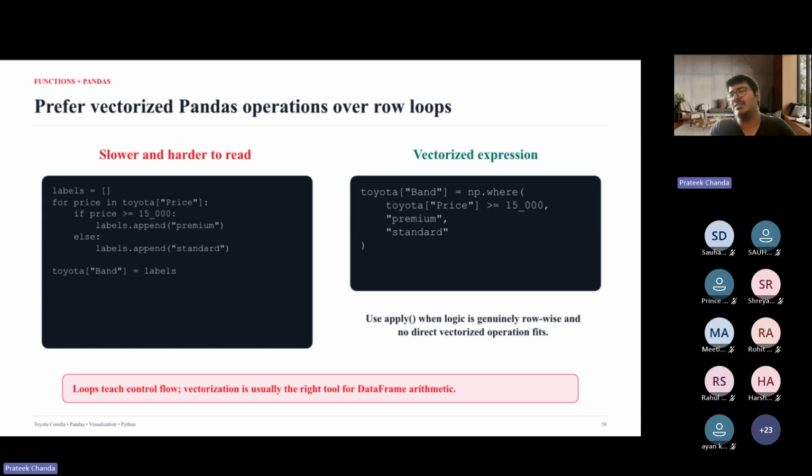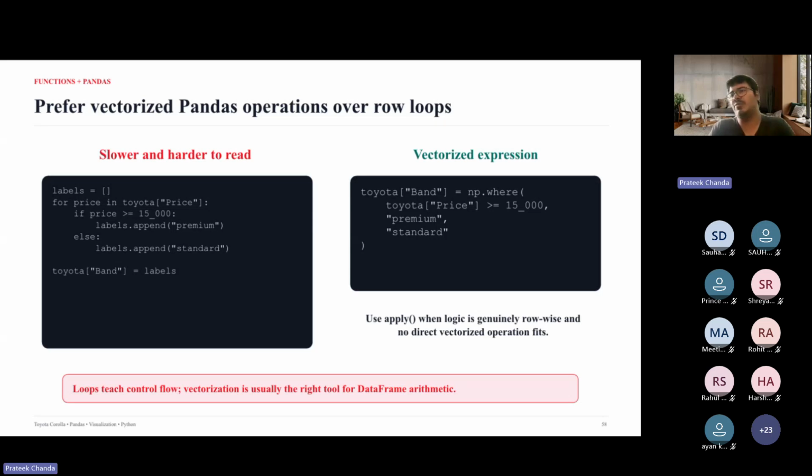If my price is greater than or equal to 15,000, I'm tagging that car as a premium car, otherwise a standard car. So for each row in that data frame, I'm iterating through all the rows, just looking at the column price. And if the price is greater than or equal to 15,000 for that car, I'm labeling it premium, otherwise standard.